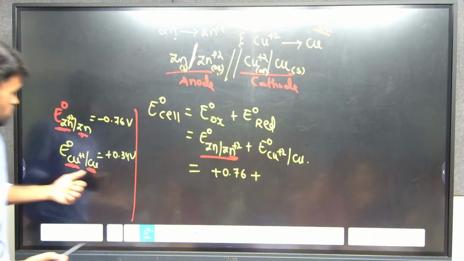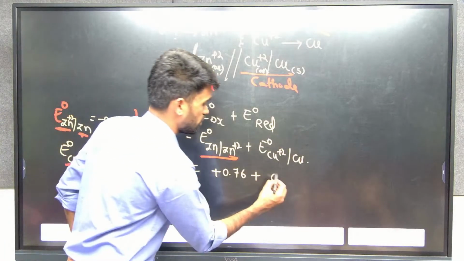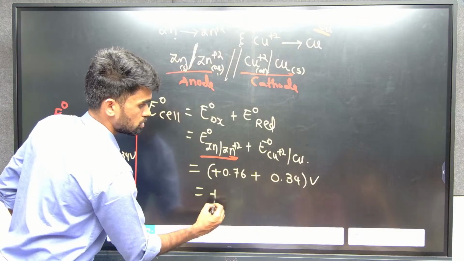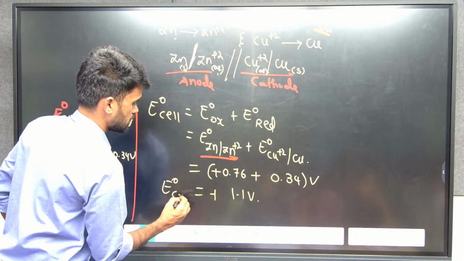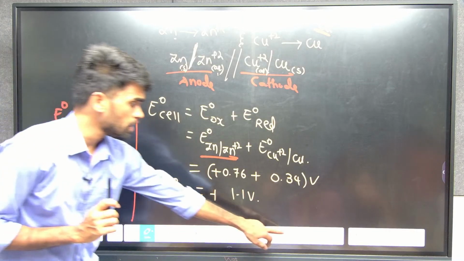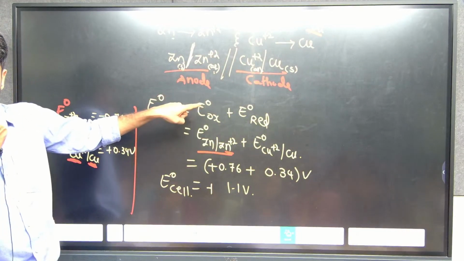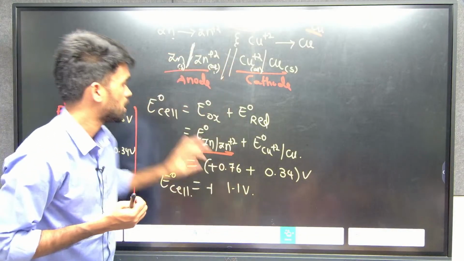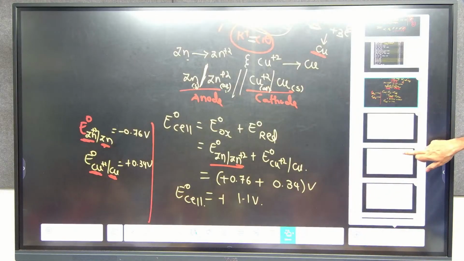Whatever value they have given, add them: total 1.11 volt. E0 cell you should make like this. Is this clear everyone? So the formula to use is E cell equals E0 oxidation plus E0 reduction. They will be giving you a question like this in the exam.